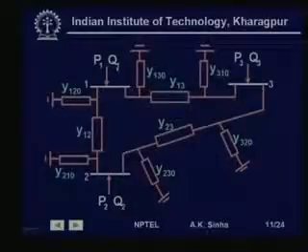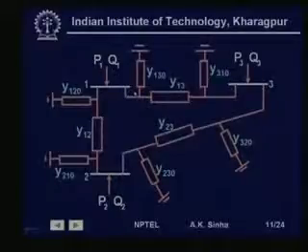Now, if we take these power injections and convert them into current injections, then having this circuit with us, we can, using Kirchhoff's law, write the network equation for this system as shown now.